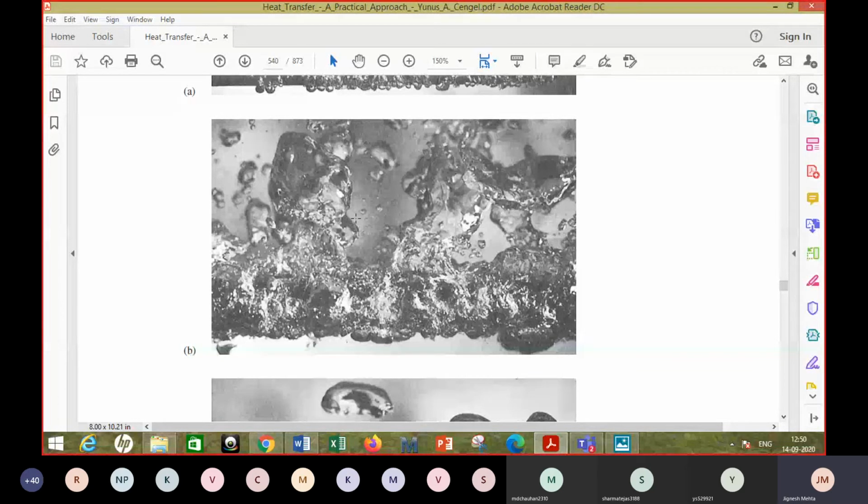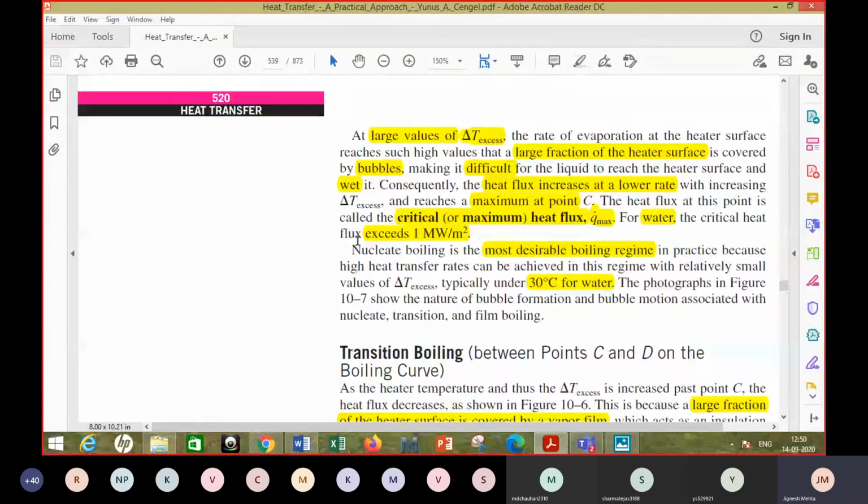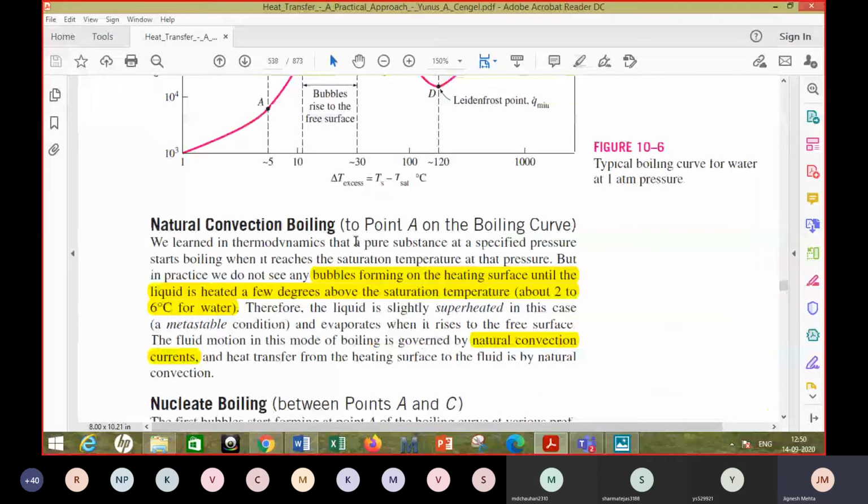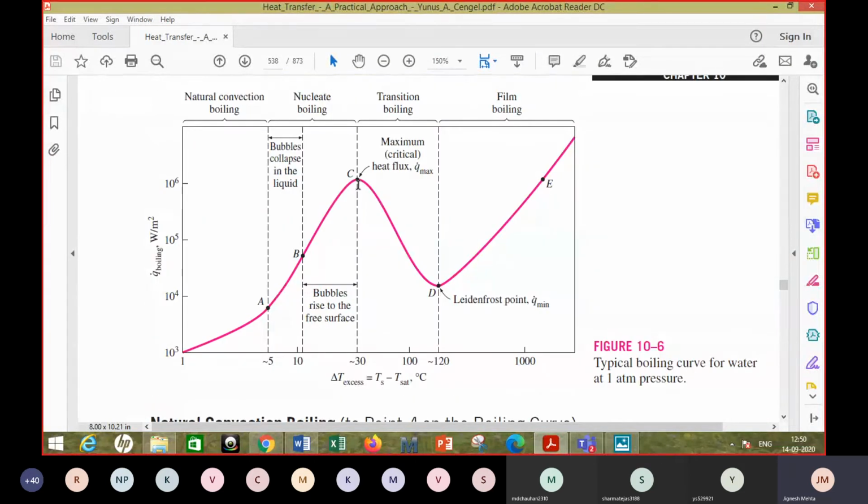Okay, so let's go back to the curve. As I told, if you go beyond 30 degrees Celsius temperature, something opposite is happening. Though you are increasing the temperature of the surface of the heater, the heat flux has started decreasing. The heat flux has started decreasing, right?